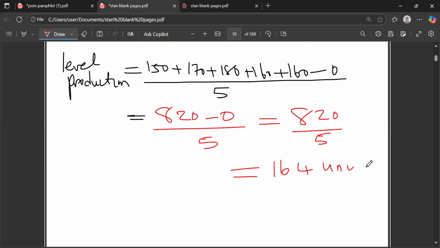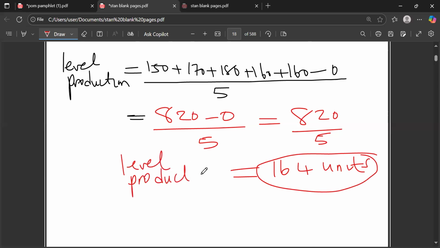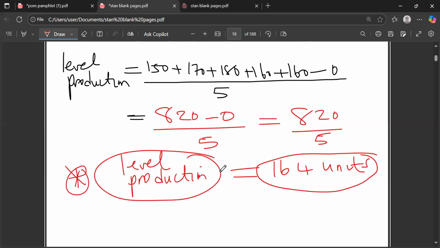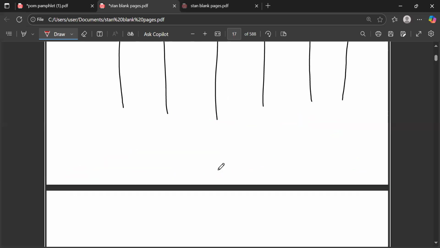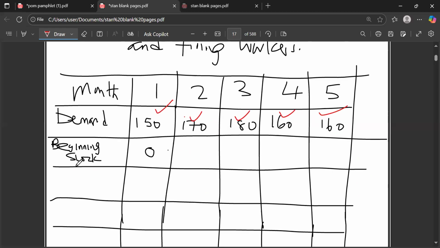Units. You understand the 164 units? That's a level production. Level production, 164 units. So if you come on the level basis here, level production. Are we together so far?